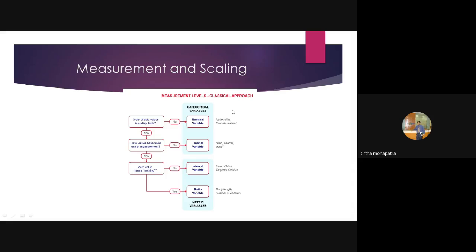You are just giving an ordinal kind of rank: good student, better student, and best student. The distances cannot be equal, because the student that you consider good, I can consider to be average. It's not clearly defined. This becomes an ordinal scale.